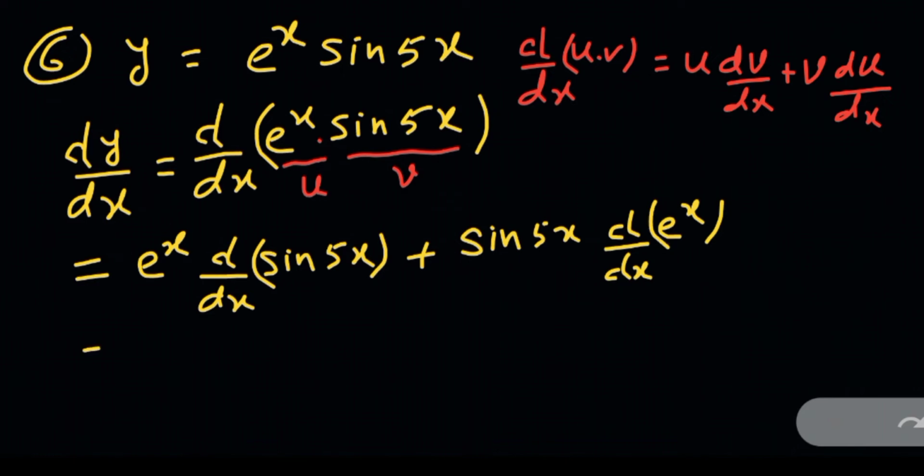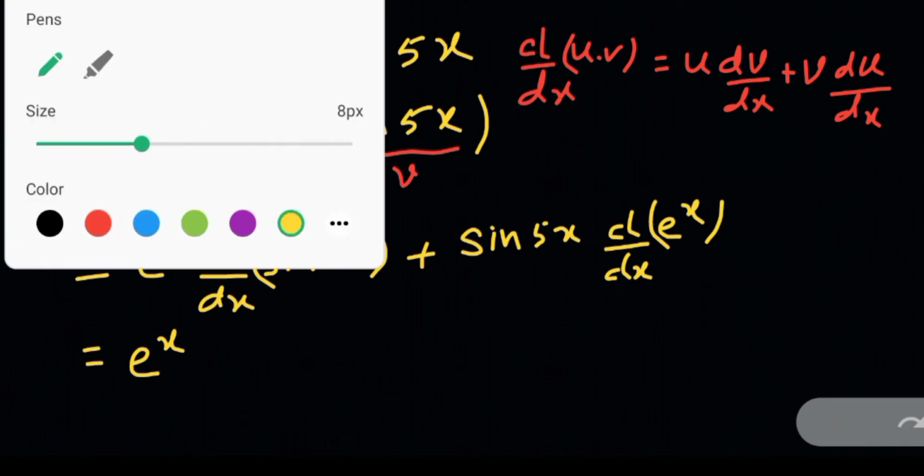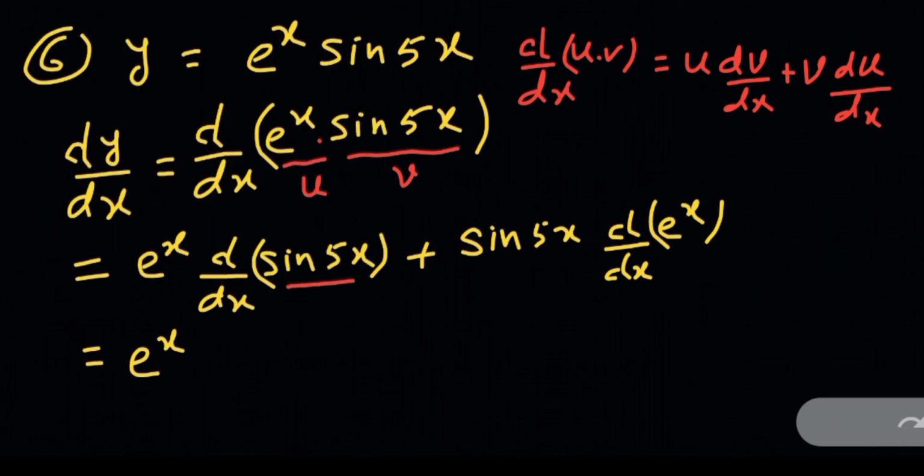Now I will simplify this. So e to the power x, and we have to find the derivative of sine 5x. You remember that here we will use the chain rule, which I discussed. The derivative of sine 5x with respect to x will be cos 5x, and the derivative of 5x with respect to x will be 5.